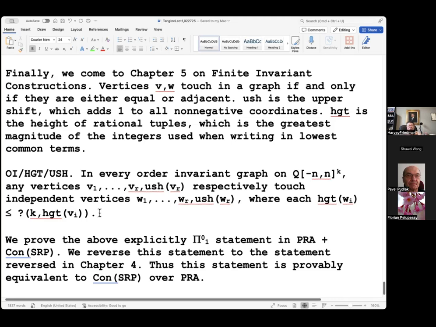Now this actually leads to a lot of interesting questions that I don't know the answer to, and a lot of possibilities that I won't really go into right now. But anyways, I have some confidence that I can reverse this, so that this is equivalent to Con SRP over PRA. And obviously, this is explicitly Pi 0, 1. There's no issue.